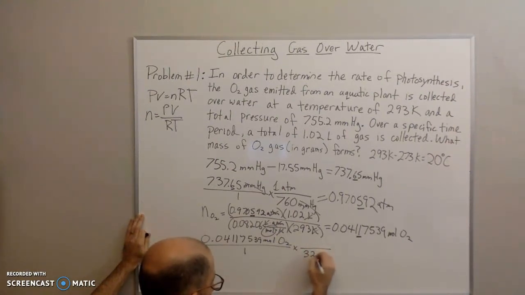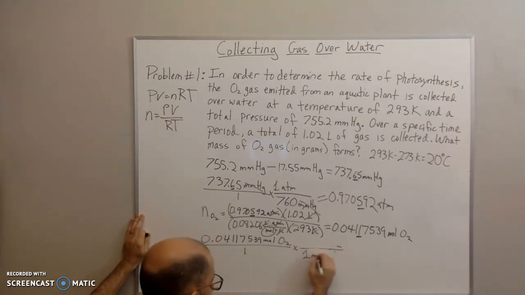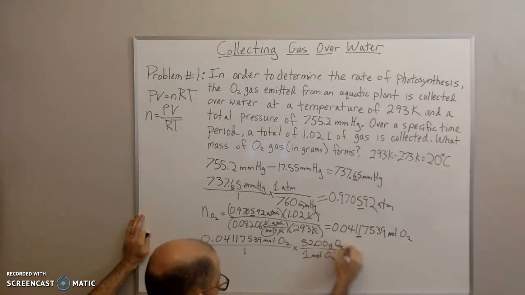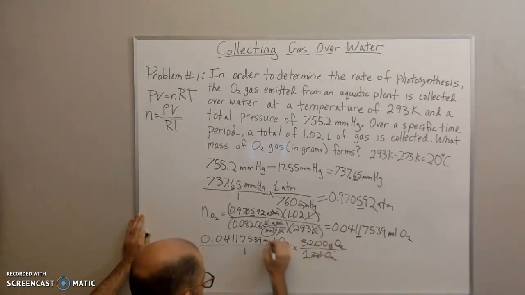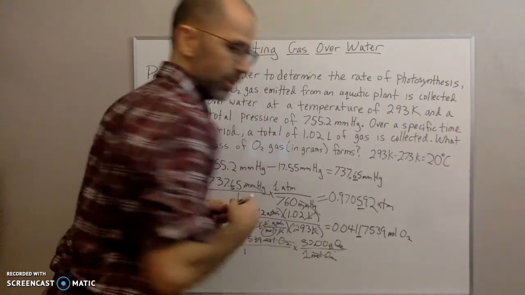So 32.00 grams of oxygen under 1 mole of oxygen. Oops. I want the moles to cancel out, so moles needs to be on the bottom. So 1 mole of oxygen and 32.00 grams of oxygen on top. So moles cancel out.